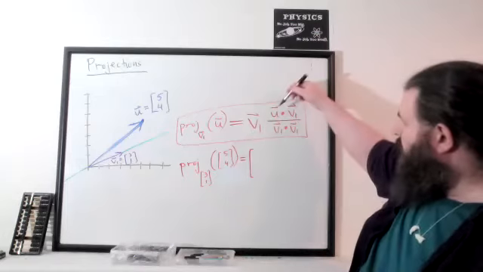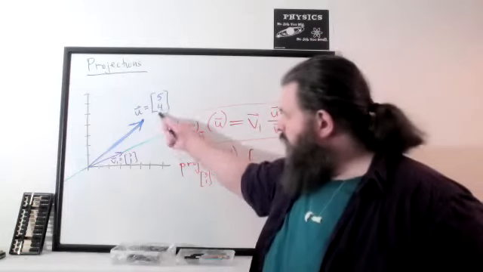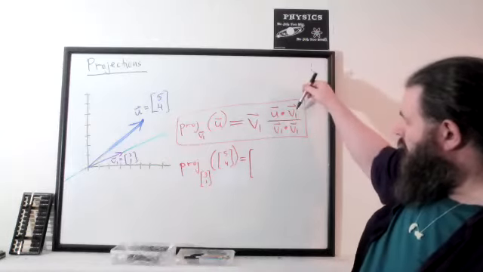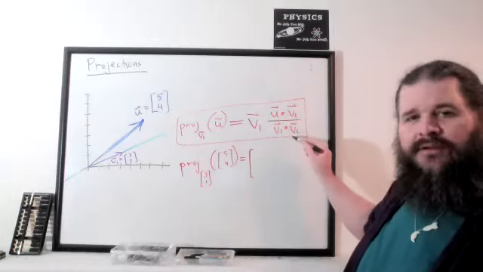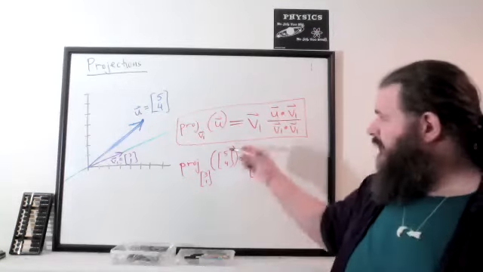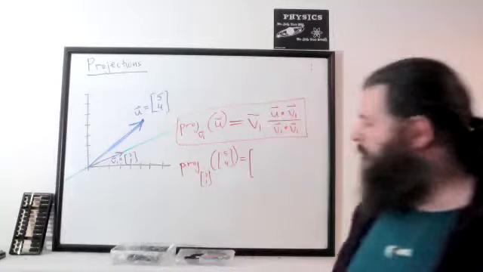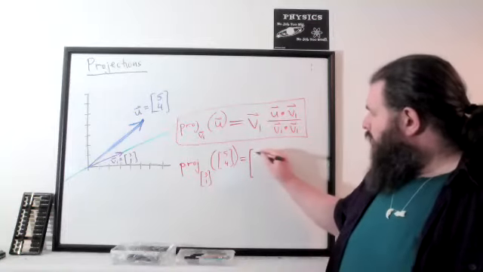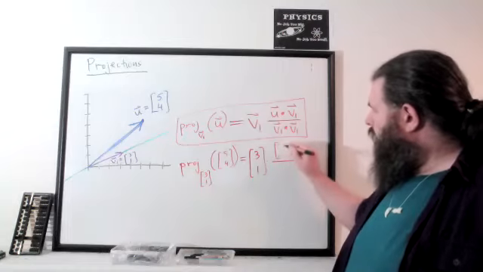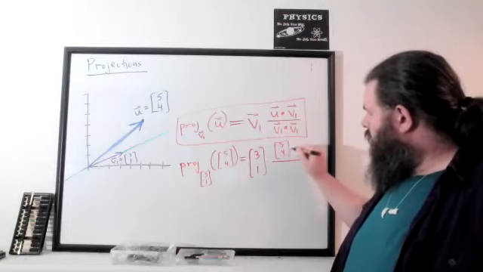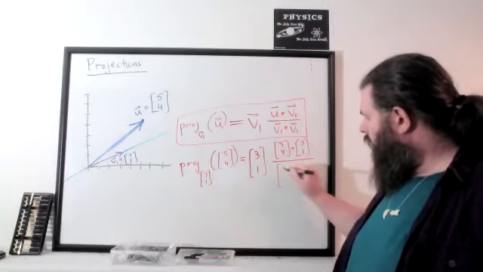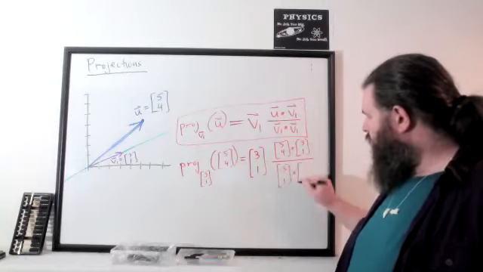The important thing is that if you think of this as like input and target, we've got input dot target over target dot itself as a ratio times the target vector, because the target vector establishes the direction we want. So target vector times the ratio of input dot target over target dot itself.